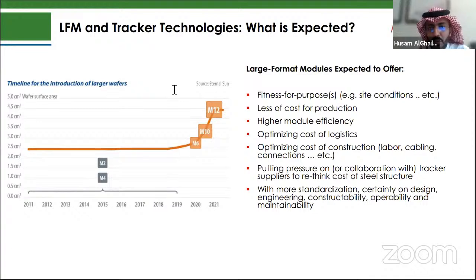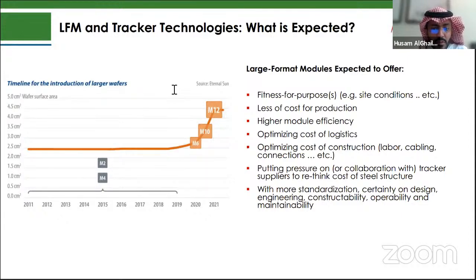Otherwise, it will be good talk about new innovations and the capabilities of those providers. But definitely, what we expect the new solutions to offer is lower cost of production, given the sizes of the new wafers, which hopefully will bring the cost down.